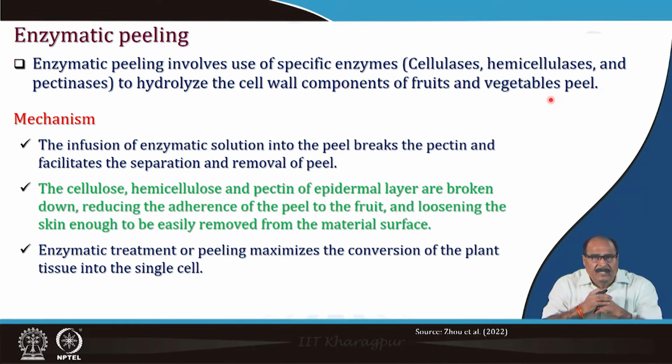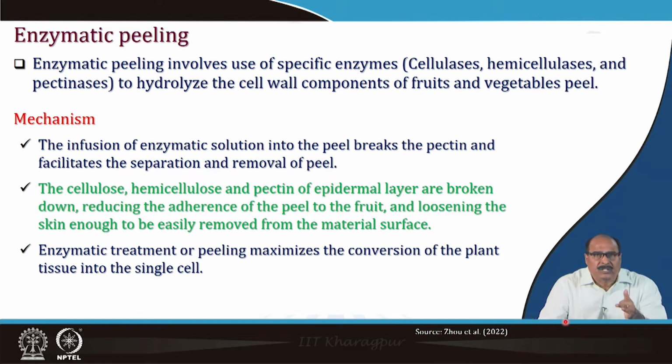Then enzymatic peeling. In this, the basic concept is that different enzymes, either a mixture of enzymes like cellulases, hemicellulases, pectinases, etc., are used to hydrolyze the cell wall components of fruit and vegetable peel. So, the infusion of enzymatic solution into the peel breaks the pectin and facilitates the separation and removal of peel.